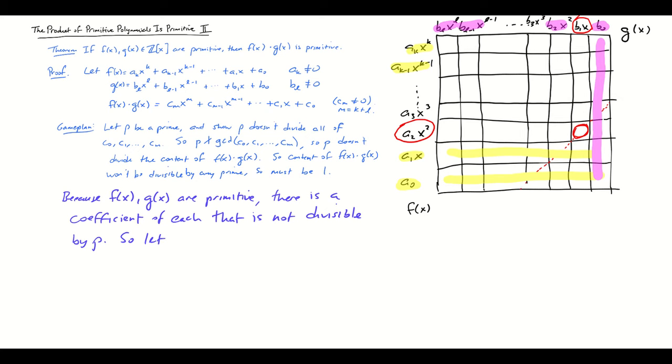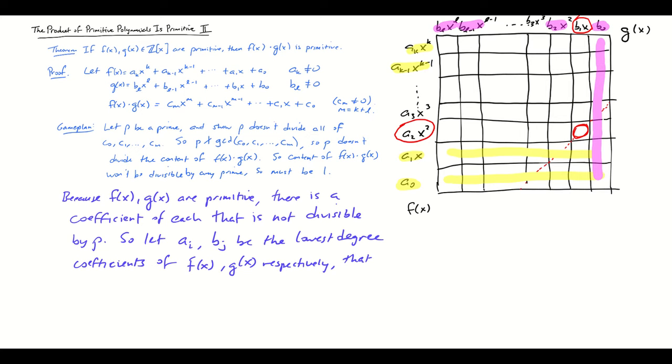So let a sub i and b sub j be the lowest degree coefficients of f of x and g of x respectively that are not divisible by p.